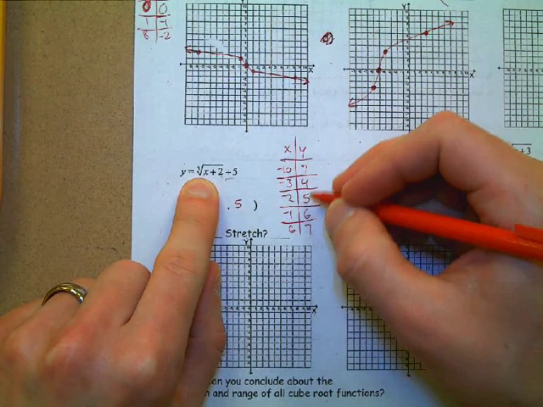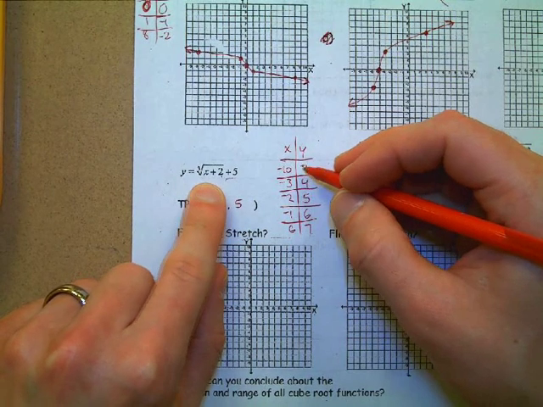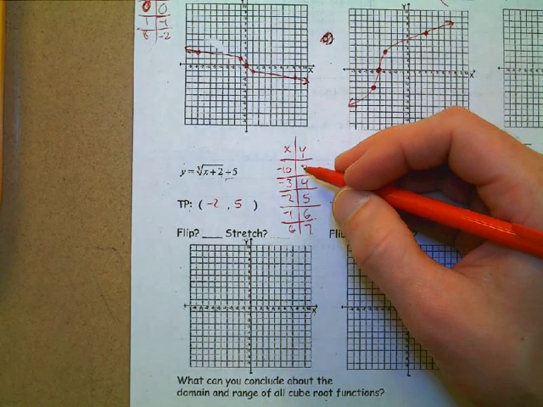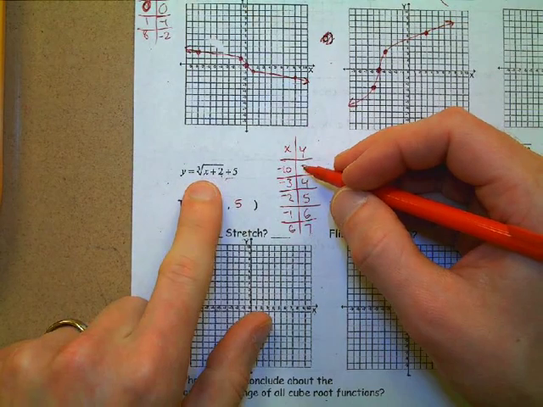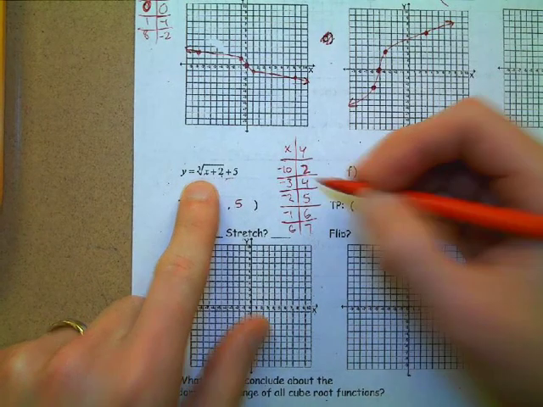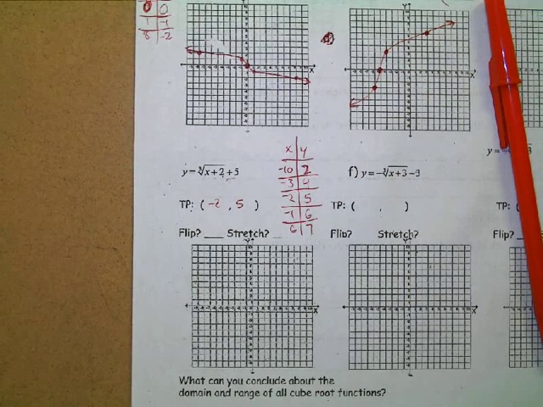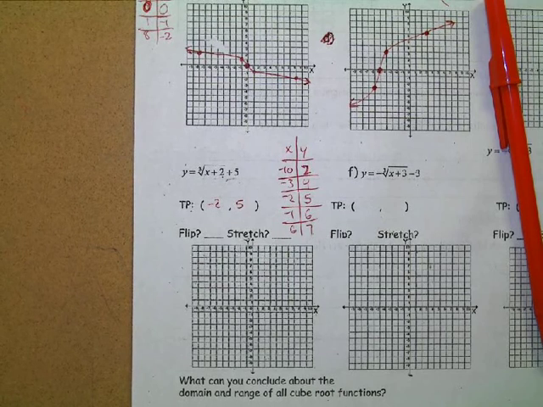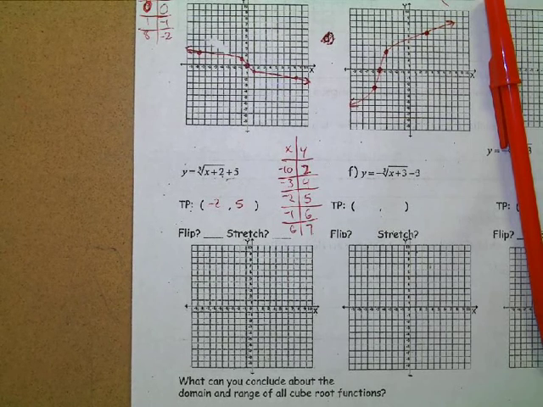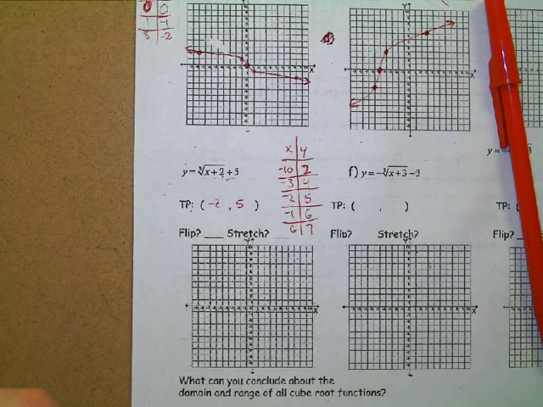Wow, I think I made a mistake here. Hang on. Negative 1 plus 2 is 1. Cube root of 1, that should be 1 plus 5, so 6. Negative 10 plus 2 is negative 8. Cube root, it should be negative 2. Oh boy, I'm really confusing myself here.